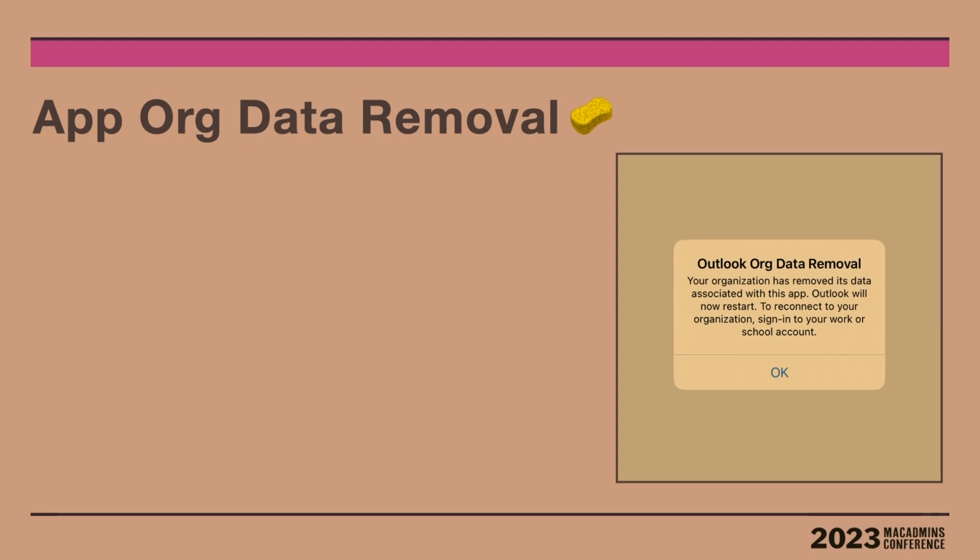Finally, if you get to the point where it's past those 10 days and there's some critical information, or worse, you have users that have left the company, you can go in and remove their app data for whatever reason that your management or leadership tells you.